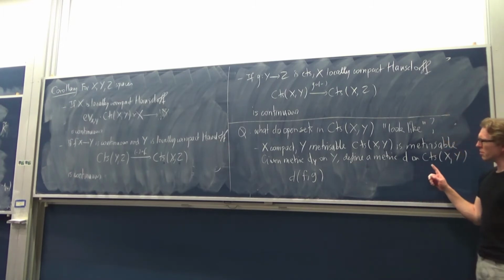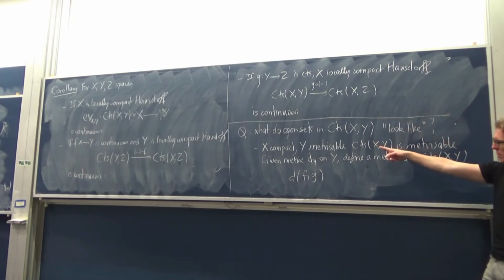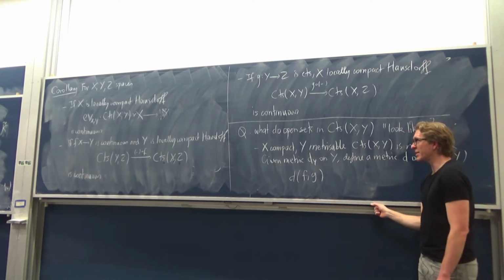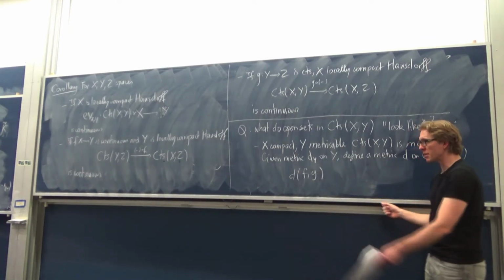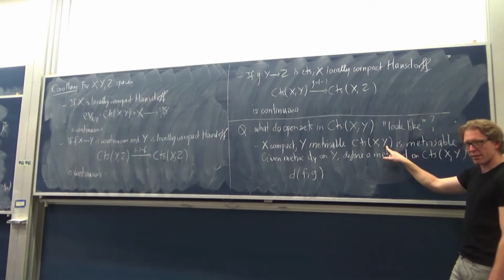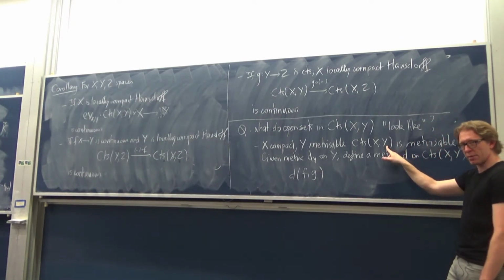Okay, so given two continuous maps from a compact space to a metric space, well, what do I know about the images of compact sets under continuous maps? I know they're compact. And since they land in a metric space, they're sequentially compact, and in particular, bounded. Right?